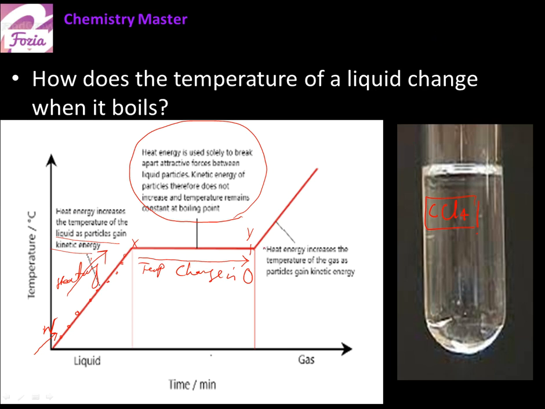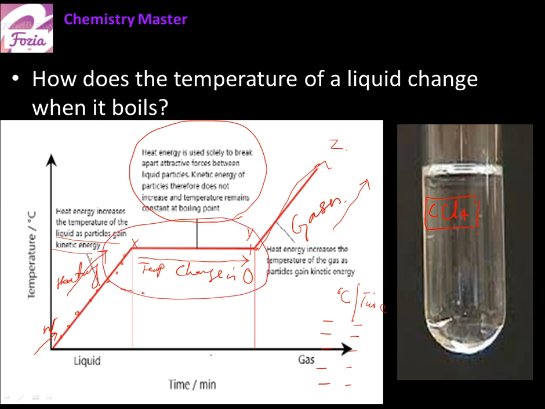Now this is the stage from Y onward to Z. This is the stage when the particles are in the gaseous phase and they are absorbing more heat energy, so the temperature is rising. Suppose we are performing an experiment in the lab and we have taken the readings of temperature versus time. When we plot the values on the graph, we will get to know when the temperature is not changing.